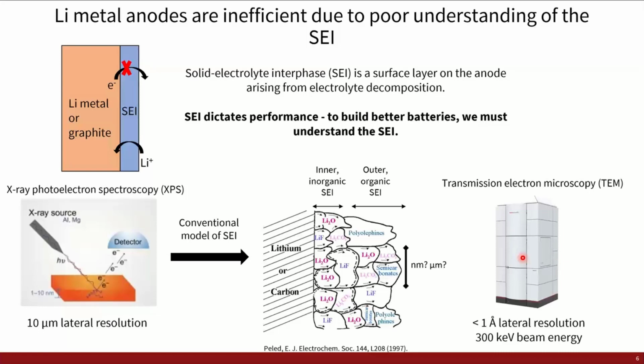A TEM is not cheap. It is fairly expensive, especially one with analytical capabilities, such as a modern EELS detector or a direct electron detector camera. It's not something that every institution has, but it is still a relatively accessible instrument compared to, say, a beamline.